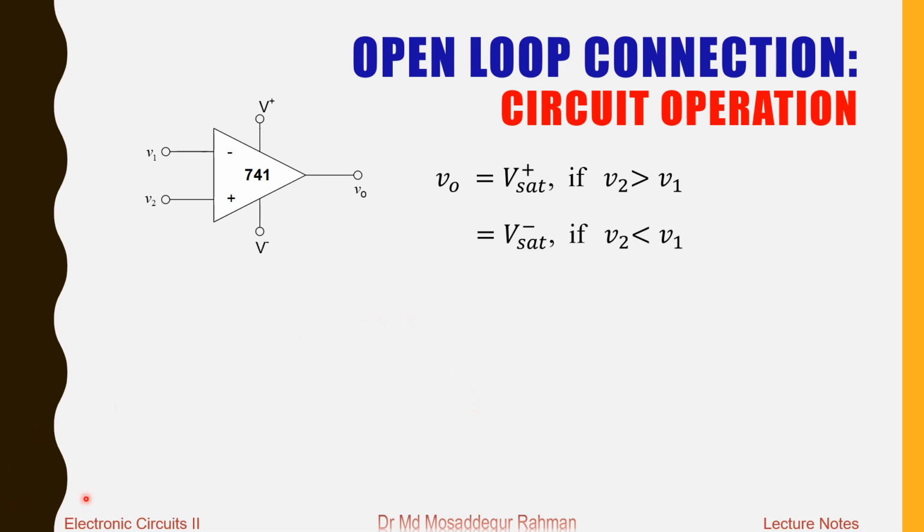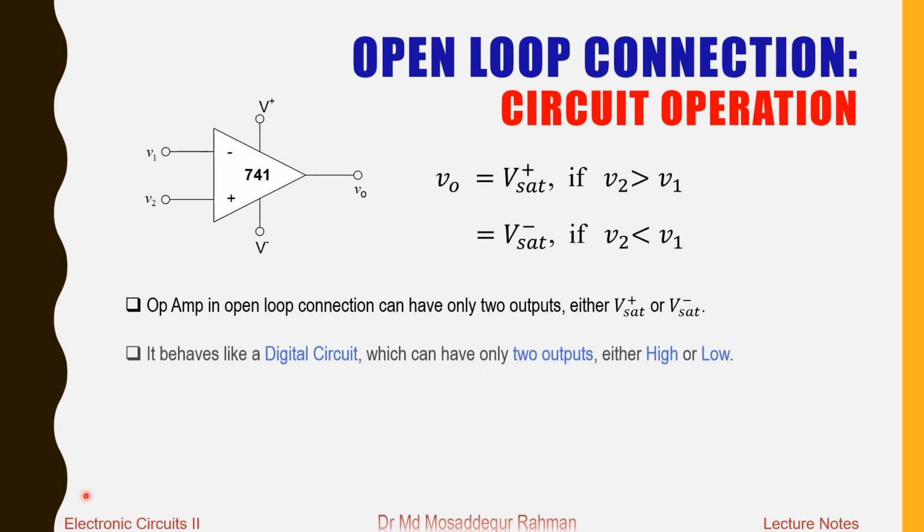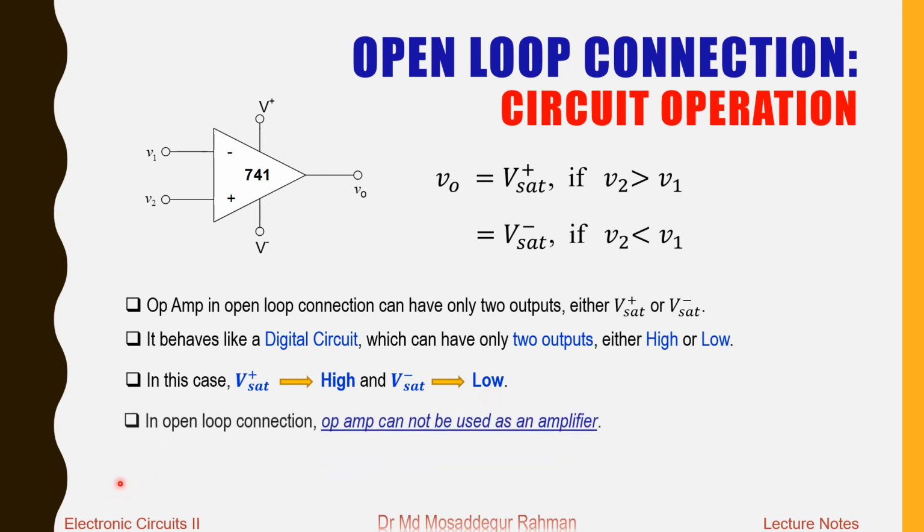Okay, so to summarize, with the op-amp in open loop connection, we can have only two outputs, the saturation voltages. If V2 is greater than V1, it is positive saturation; if V2 is less than V1, it is negative saturation. It behaves like a digital circuit, either high or low. V saturation plus can be considered high, and V saturation minus can be considered low.